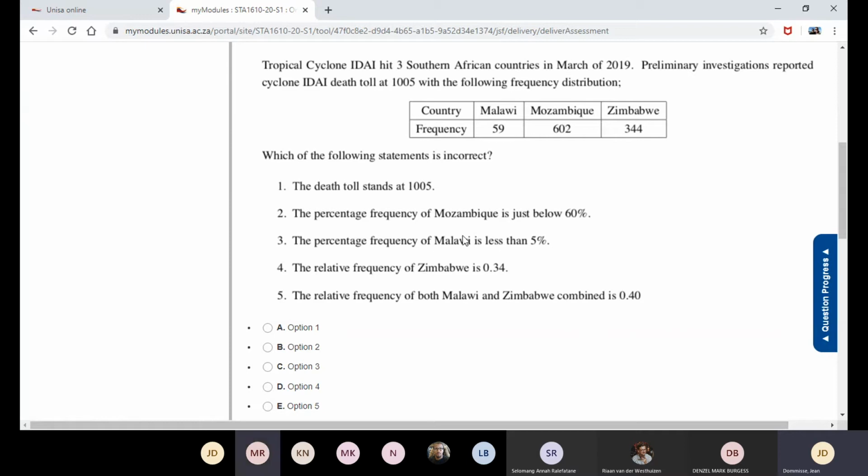So number 3 is probably just a bit more than 5% and not less than 5%. Yes, it's actually almost 6, 5.8, because the 0.34 plus the 0.06 will give you the 0.4. So my maths was a bit off, just looking at the number. So 3 is the wrong one.